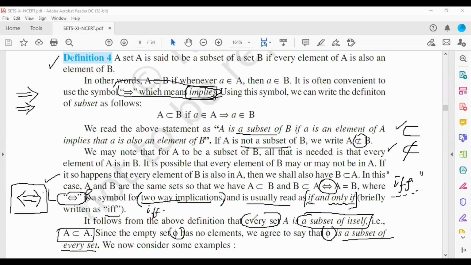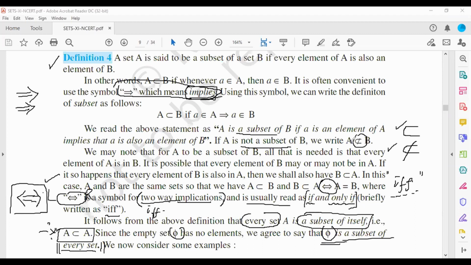The next point: every set is a subset of itself. That's an important property. And in the next point, make a note that the empty set is a subset of every set.